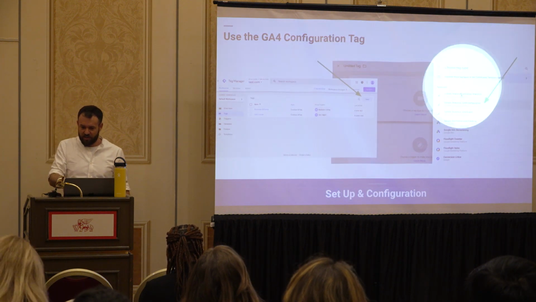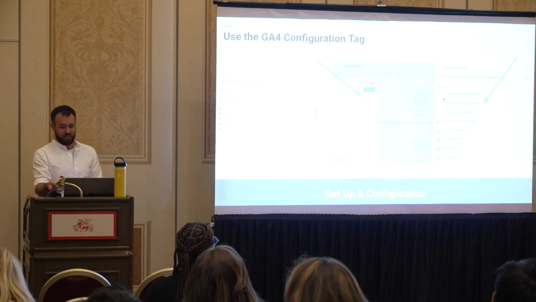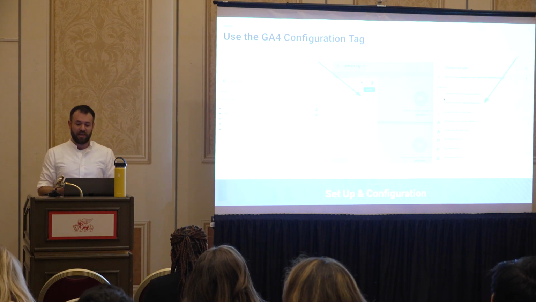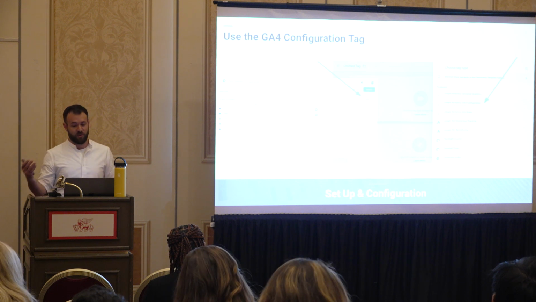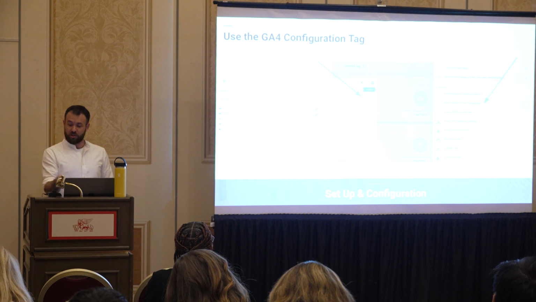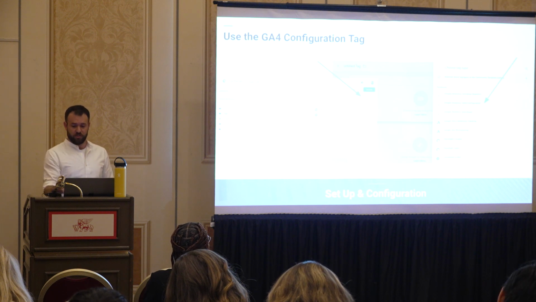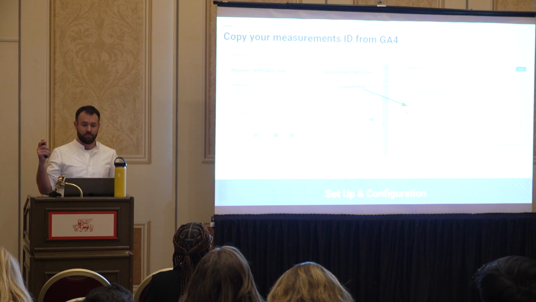There are a lot of what they call templates, or default options, for Tag Manager. If you're using Google products or a lot of major platforms, you'll have a template, so you can just input the values directly and you don't have to deal with any sort of script. Luckily we have that for GA4 configurations, and you go in and create a new tag there.